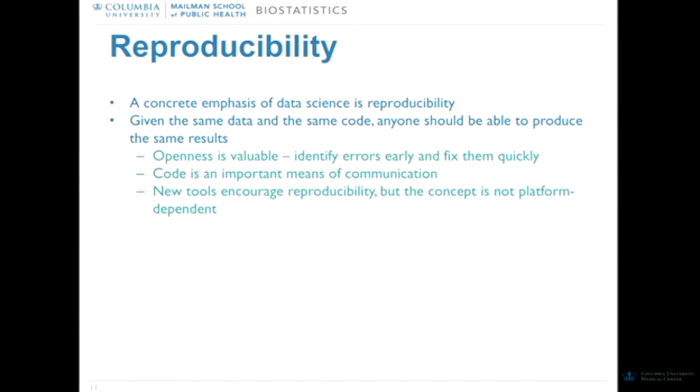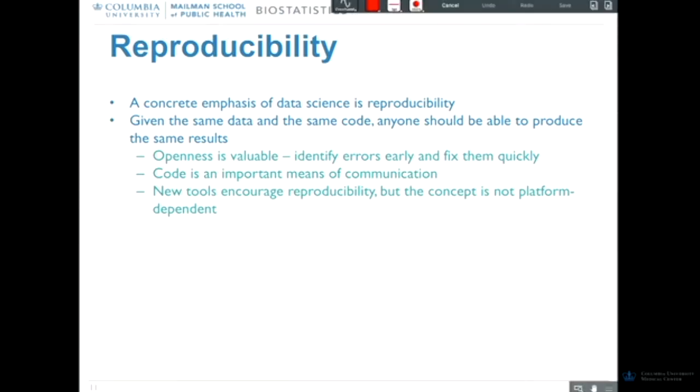All right. So as a first idea of one of the things that seems to be important in the context of data science, and this is not a method per se, it's more of a theme that exists in data science work, and this is a theme of reproducibility. We'll hopefully have a chance to tie this to broader discussions in science, and especially in clinical research, but a very specific thing that many data scientists are worried about is reproducibility. And what I mean by reproducibility is the following.